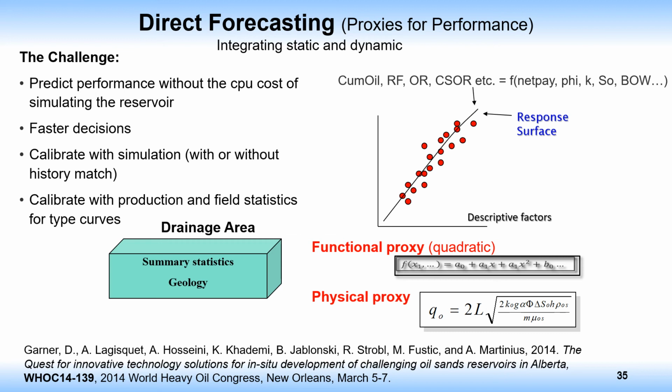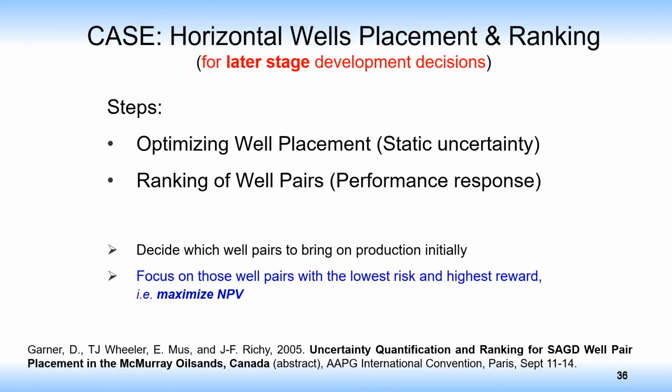So we calibrate with simulation and the field statistics. We can then use these relationships and use large area mapping, whether it's models or maps, and predict these performance numbers over a large area for planning our development. So this is maybe earlier in the development cycle that we might do this, but we would continue.